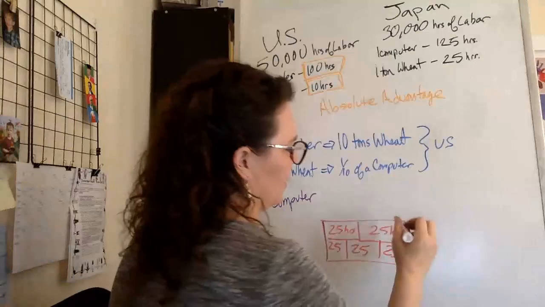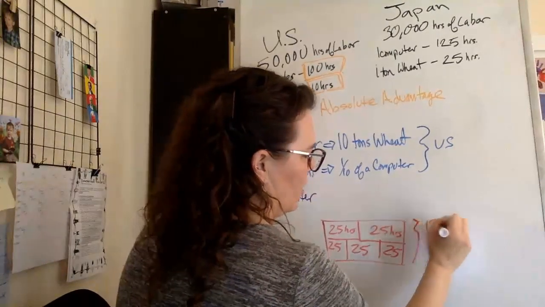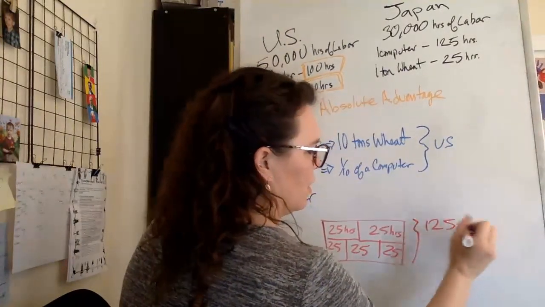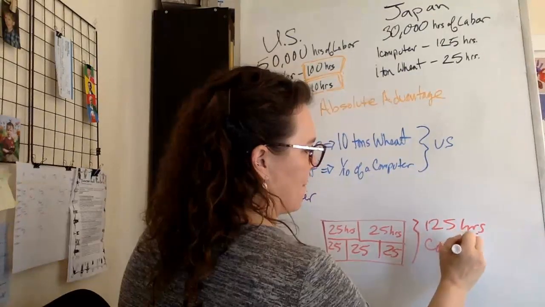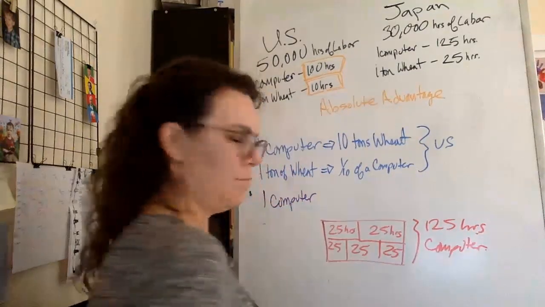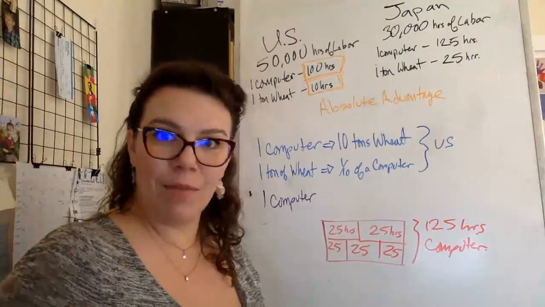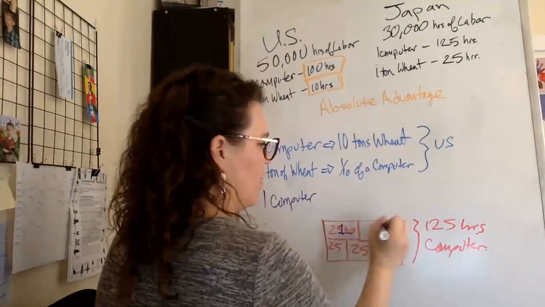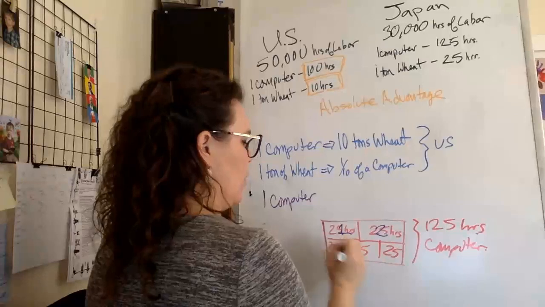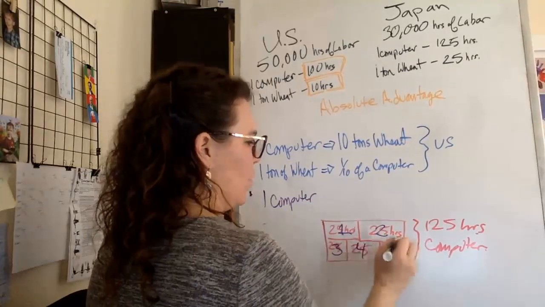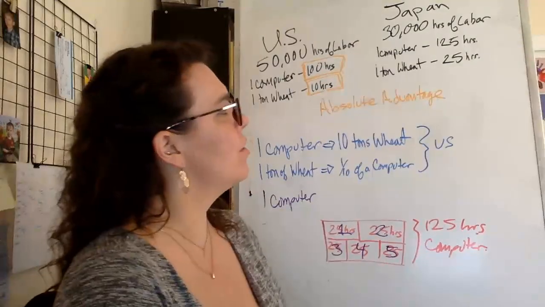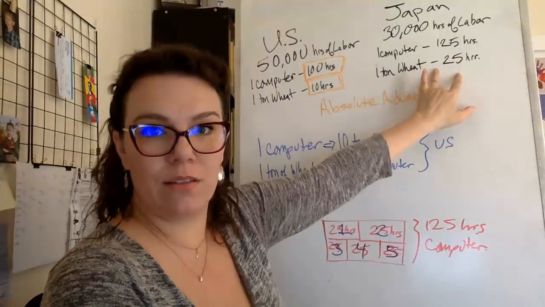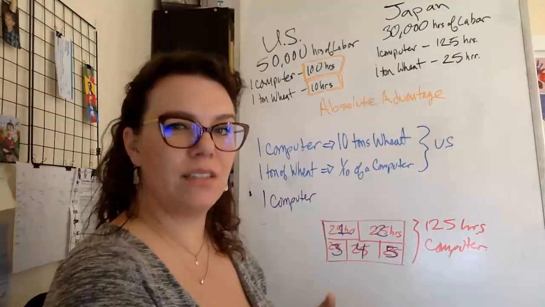It takes 125 hours to make a computer. In that time, we could have made 1, 2, 3, 4, 5 tons of wheat. Does that kind of make sense?